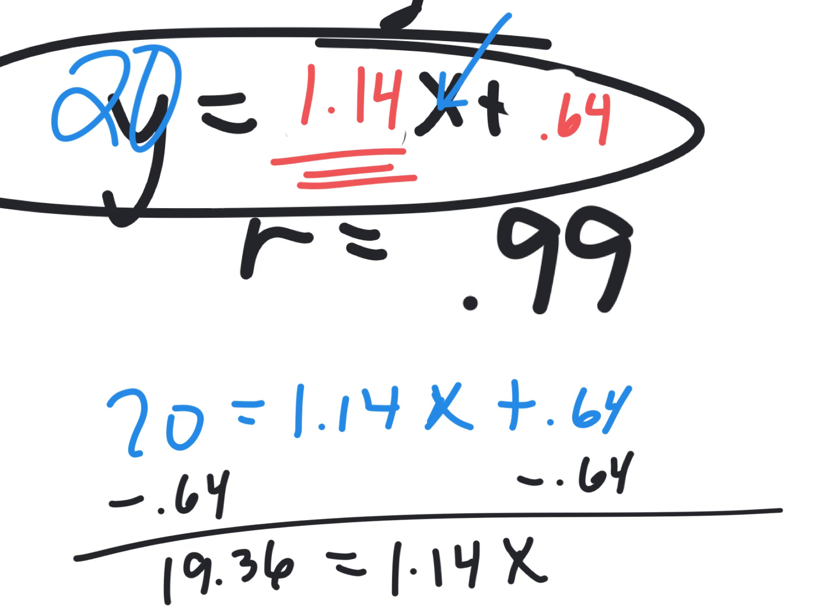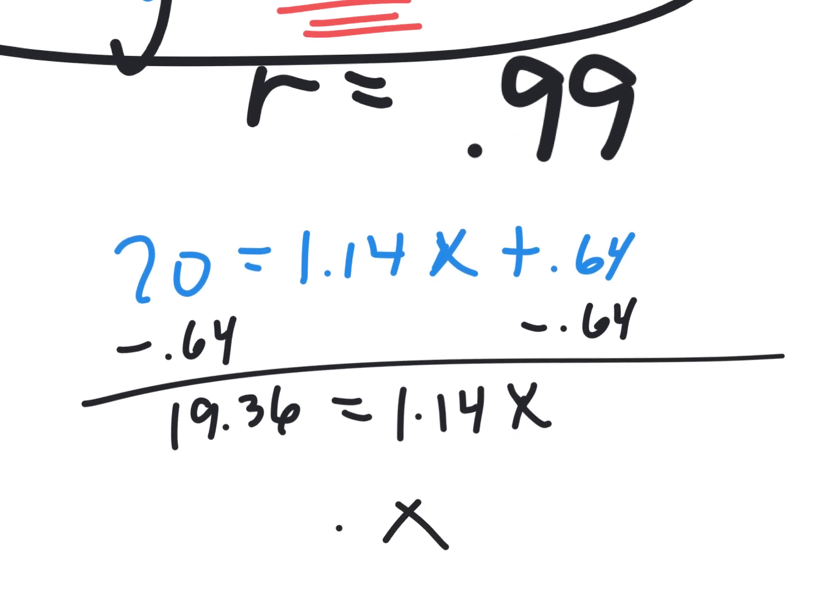What is 19.36 divided by 1.14? 19.36 divided by 1.14 is approximately 16.9824. And now, since I was rounding to 2 decimal places, let's just say 16.98. If they rounded to a whole, obviously it'd be about 17.